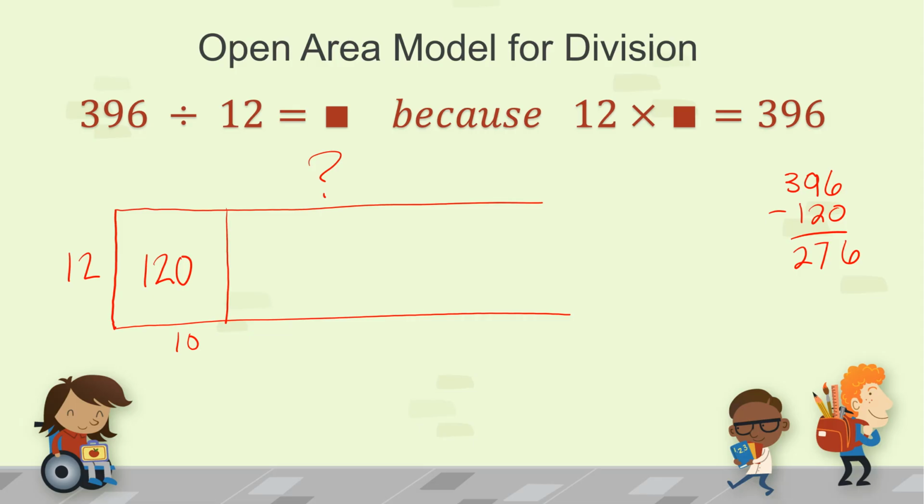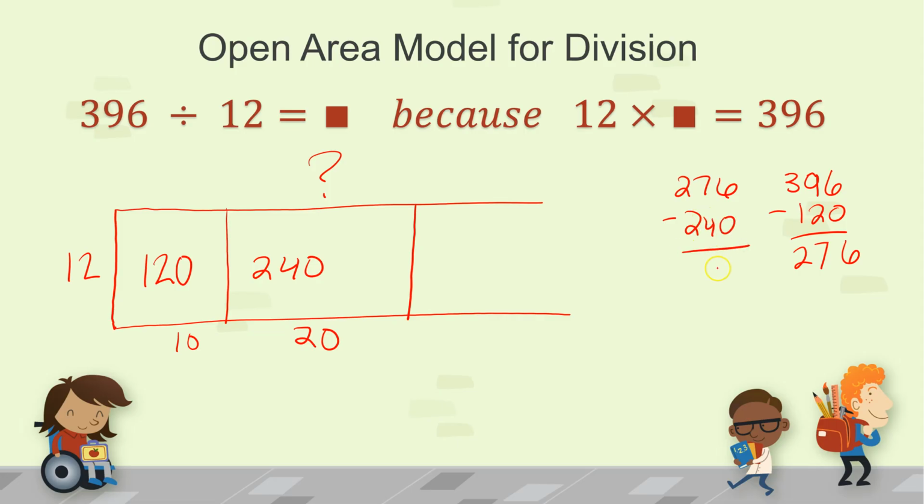Okay. Now I'm going to learn from what I had just done. 10 times 12 is 120. So if I double that, I get 240. So I'm looking at 20 right here. 12 times 20 is 240, right? I currently have 276. I use 240, left.